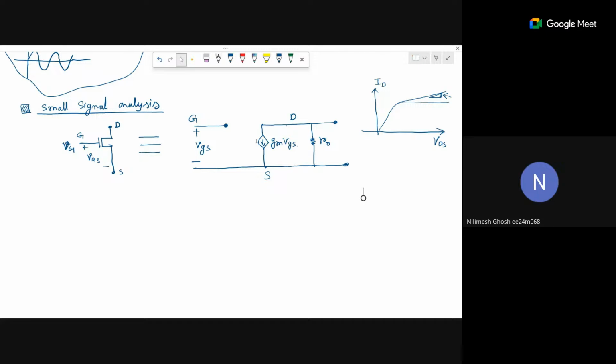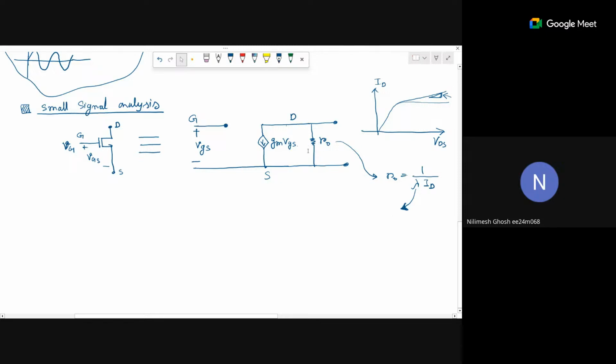This particular slope is r0, and this r0 formula you can remember: r0 is 1 by lambda into ID. This lambda will be given. Now you don't need to remember all of this; by practice it will come.